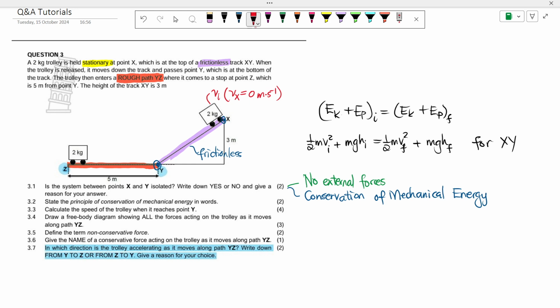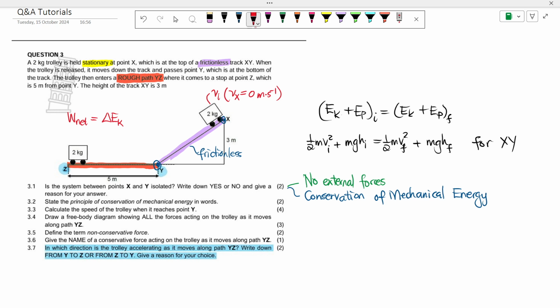Between X and Y, because there's no friction, mechanical energy is conserved, so we can use the conservation of mechanical energy. But what about from Y to Z? Which energy principle should you use? The work net equals the change in EK, she says. Okay, that's fine. So this is called the work energy theorem, right?